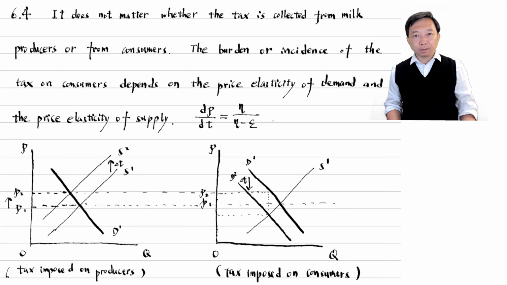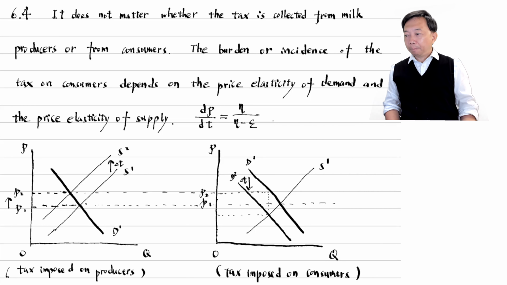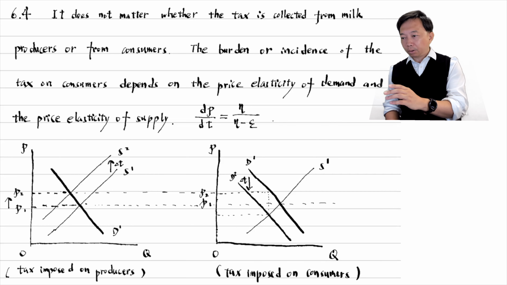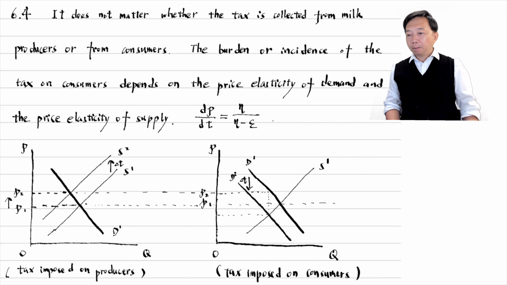We can also see it from the demand and supply diagram. The left graph illustrates what happens when the tax is imposed on producers. The increase in the cost shifts the supply curve upward by the amount of the tax.